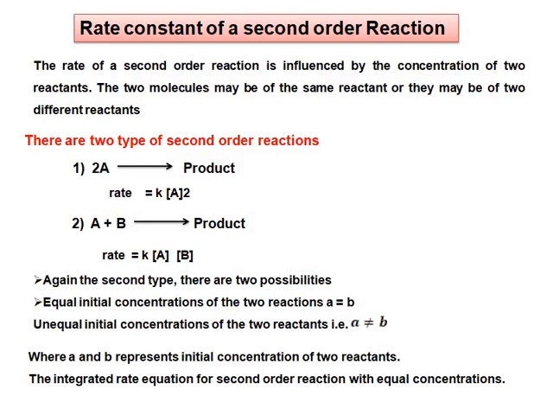You know that the rate of a second order reaction can be influenced by the concentration of the two reactants. In the last lecture we saw the rate equation of a first order reaction, where one reactant is converted to products.